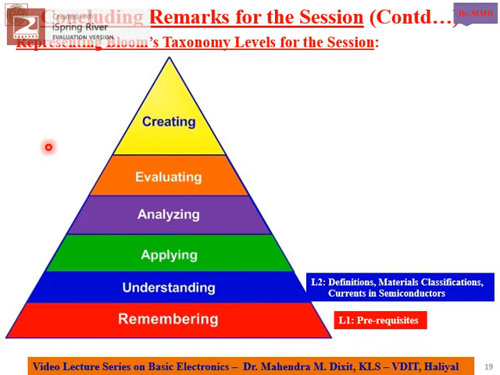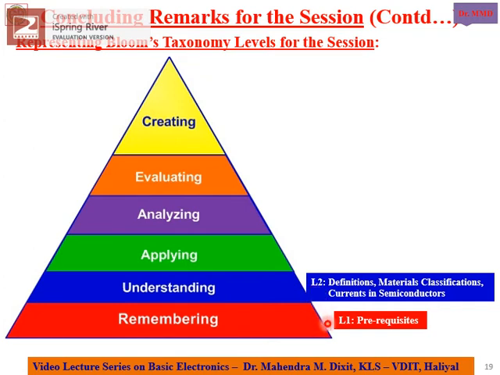It is also important to represent the Bloom's taxonomy levels for this session. I have taken a 6-level Bloom's taxonomy diagram, wherein today's lecture is concentrating on only 2 levels, level 1 and level 2.